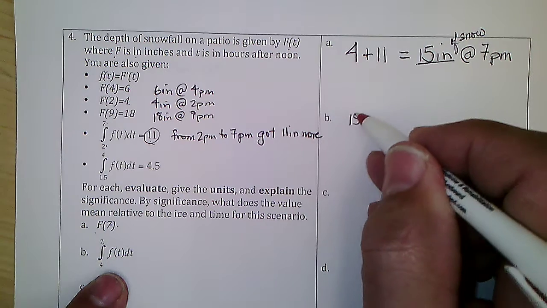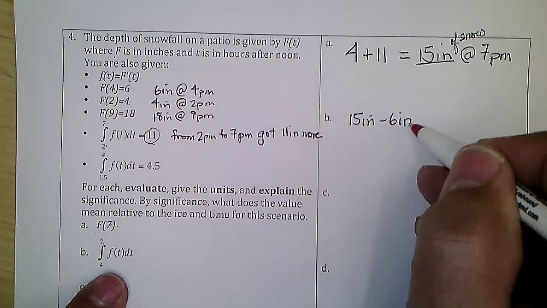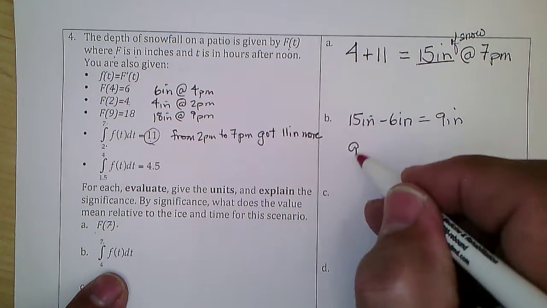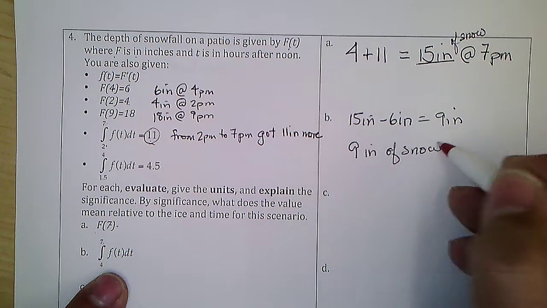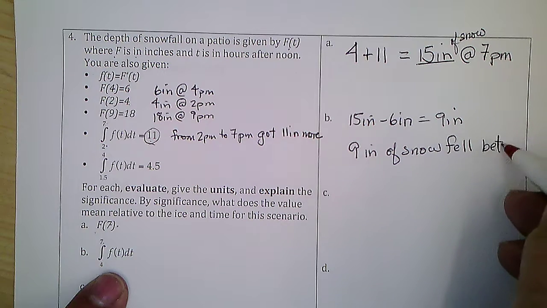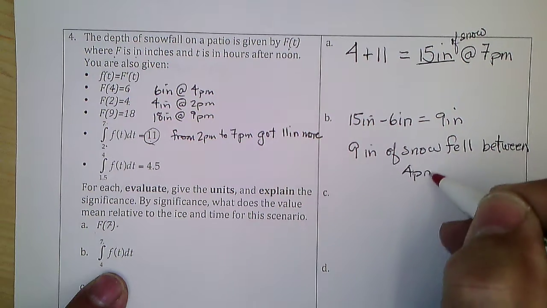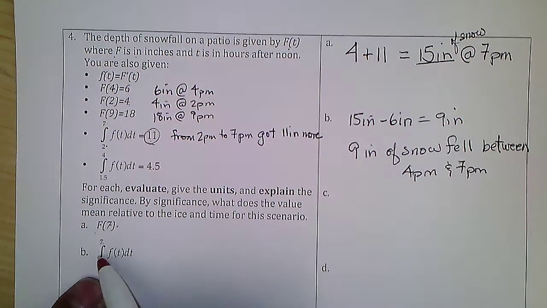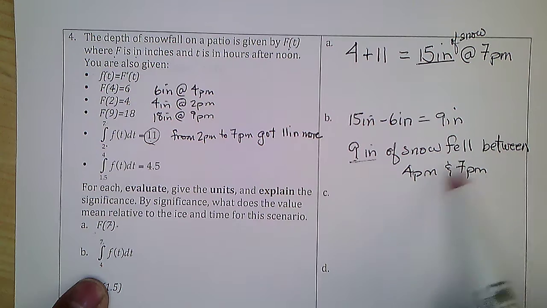So 15 inches minus the 6 inches that were there to start with is 9 inches. 9 inches of snow fell between 4 p.m. and 7 p.m. So the integral is a change. So we know that it changed by 9 inches over this time period.